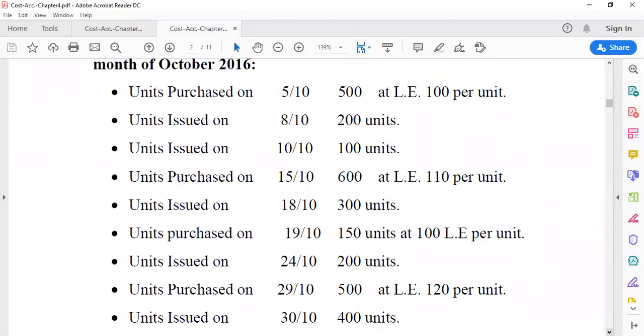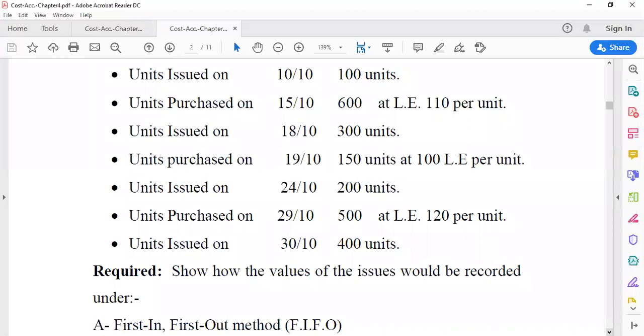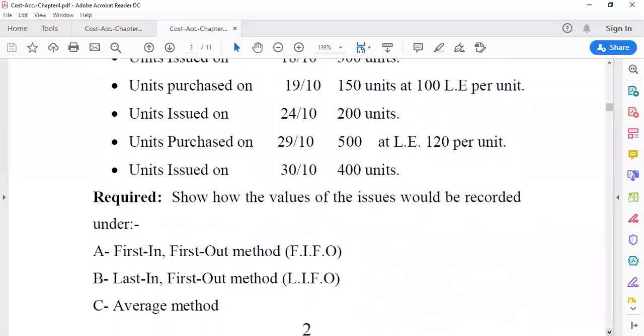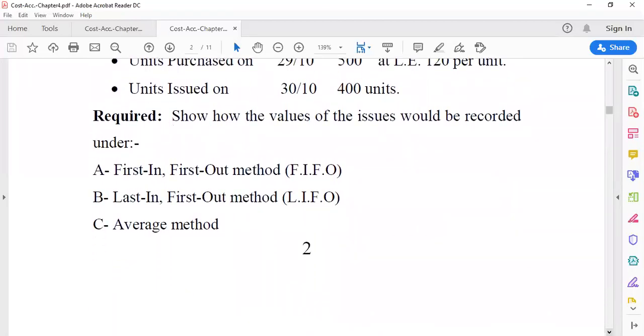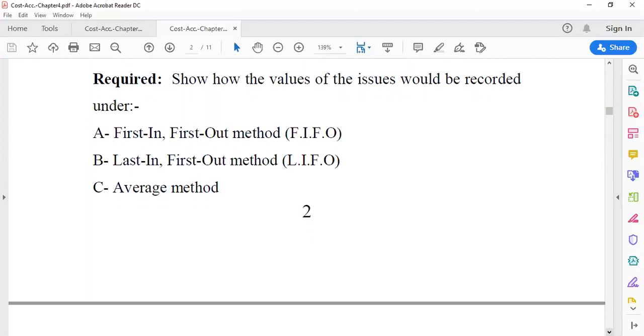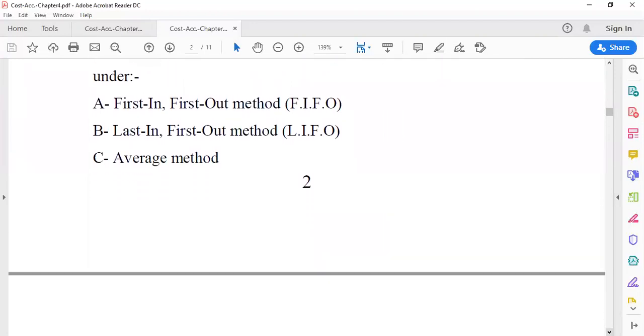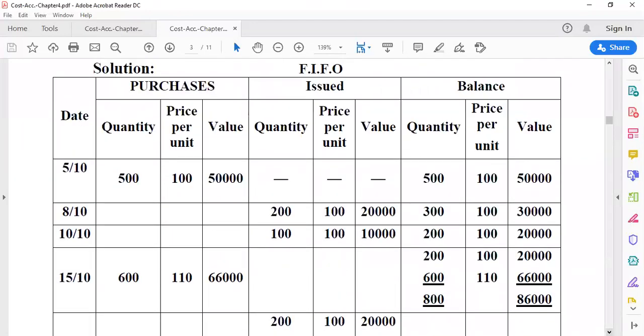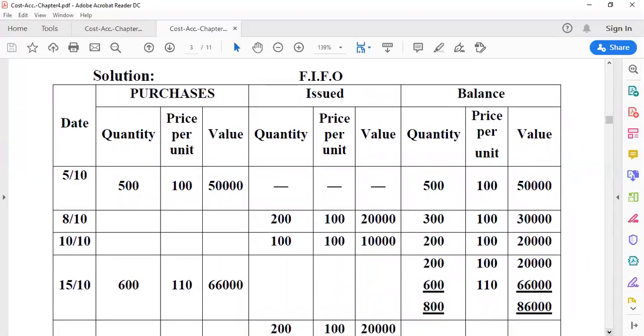How can I evaluate all of these units under the first in, first out method? Here, our requirement is to show how the values of issuing units will be recorded under the first in, first out method and under the average method. To get it, here is our solution.